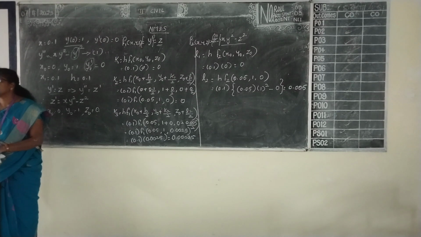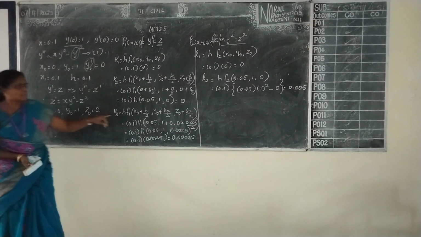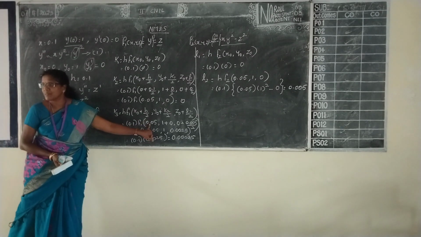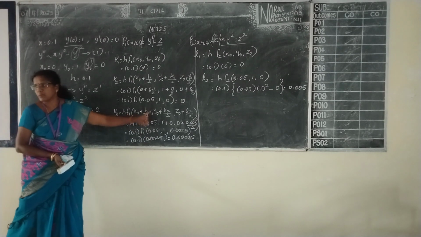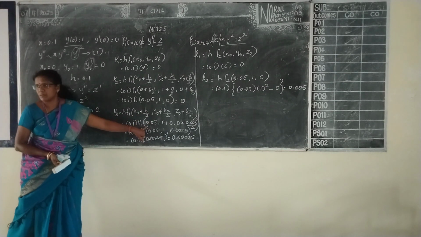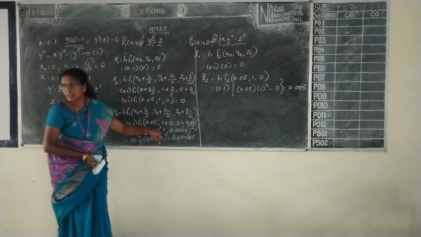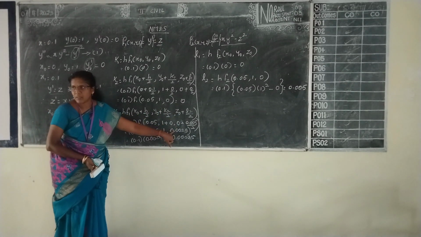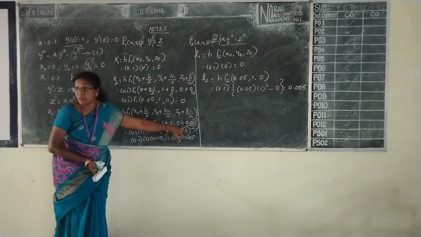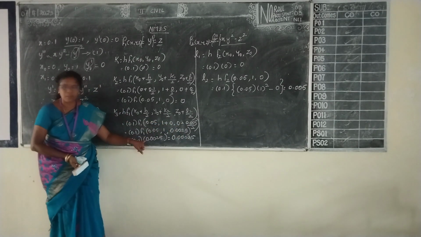Understood or not? The formula, you know that. So for our problem, x naught value is 0 plus 0.1 by 2. You will get this answer. Y naught is 1. K2 value is 0. Z naught is 0. L2 value is 0.005. Substitute and simplify.